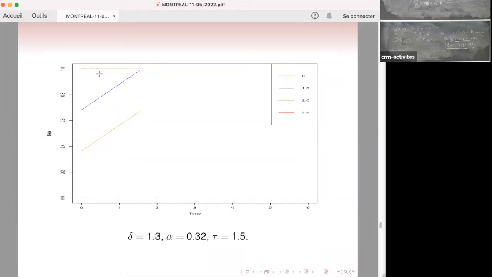And you have beta 1, which is increasing because beta 1 tau minus delta is positive. And also you have beta 2, which should increase, yes, because beta 2 t minus delta is positive, and so it also increases.